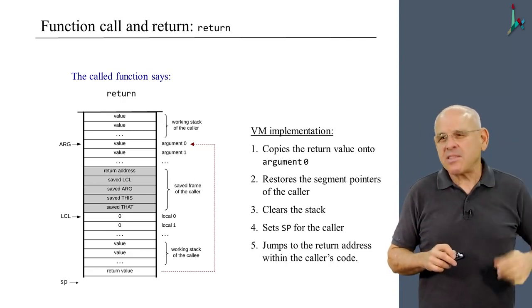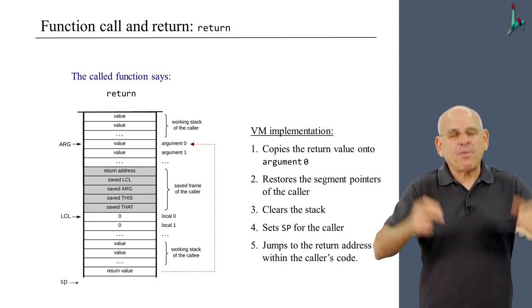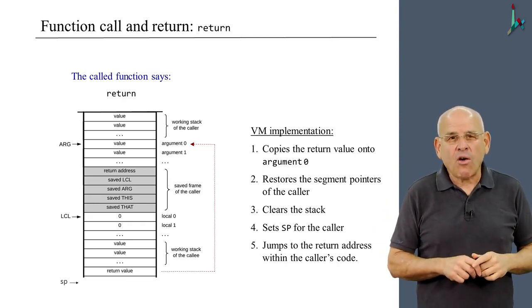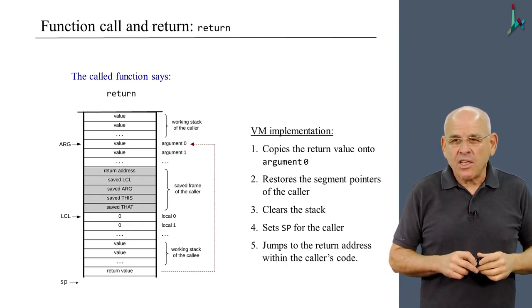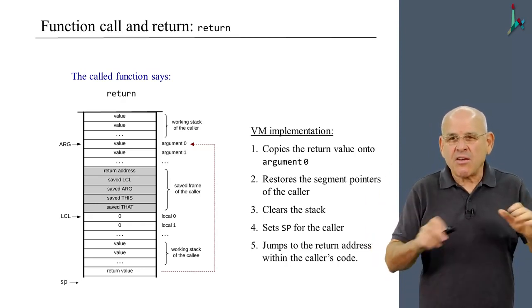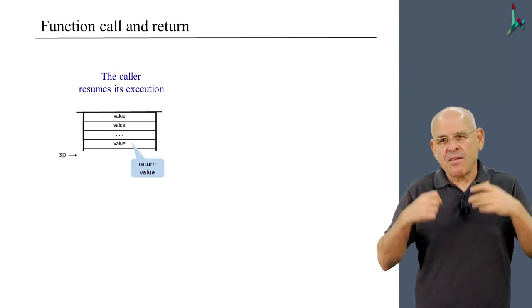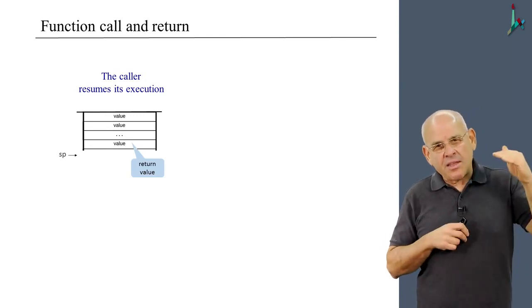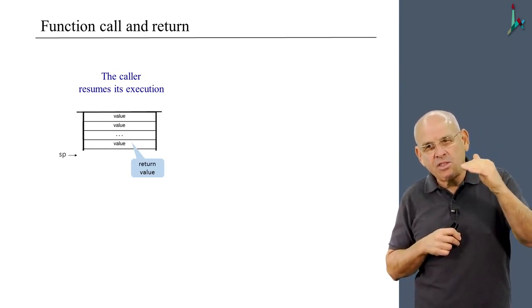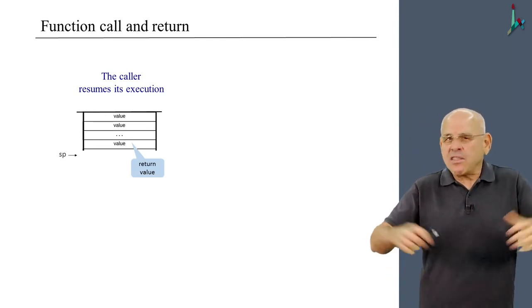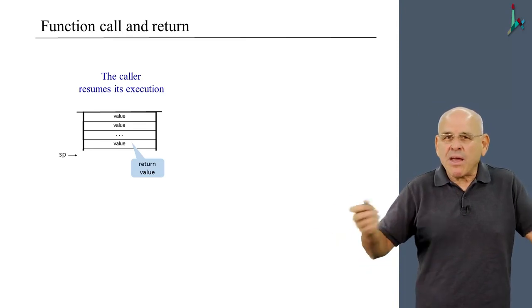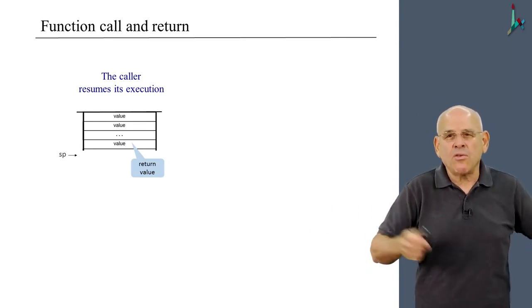And after I do this, I have to finally jump to the return address in the caller's code and continue executing the caller's code. So after I do all this, here's what happens. Okay, I get the return value, and the stack pointer is positioned just after this return value. And as far as the caller is concerned, he's back in business, and he can continue to do what he did before.